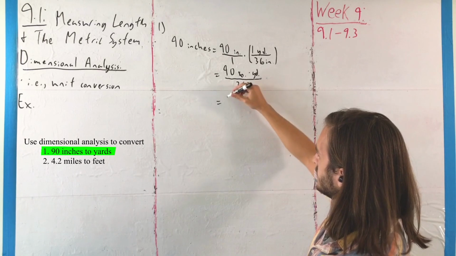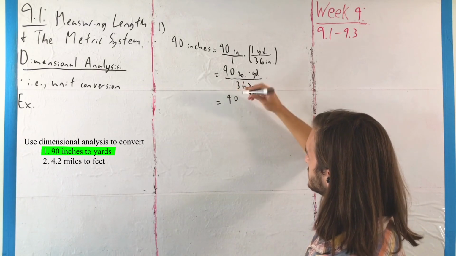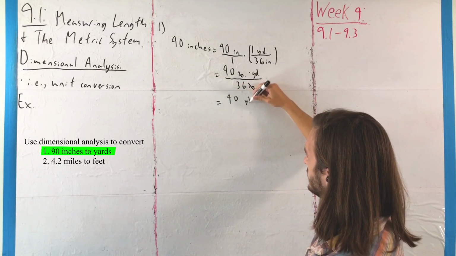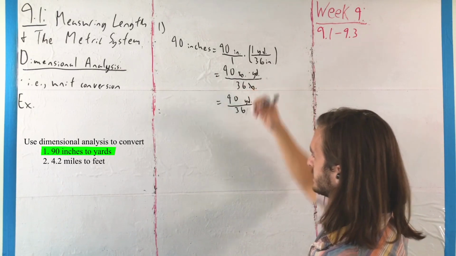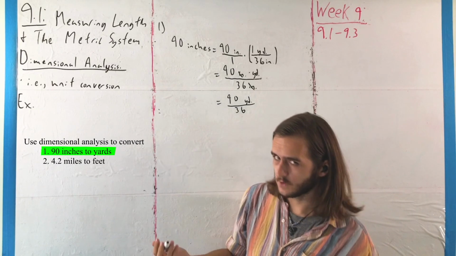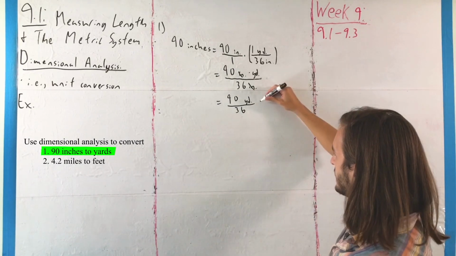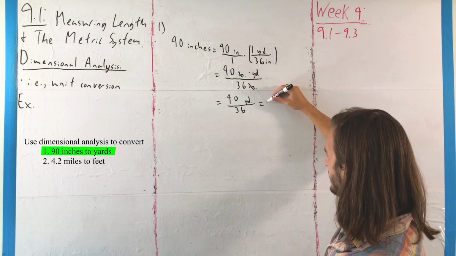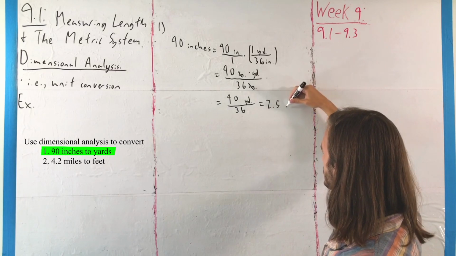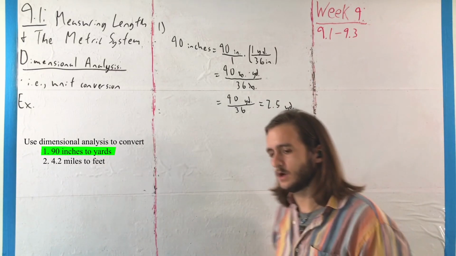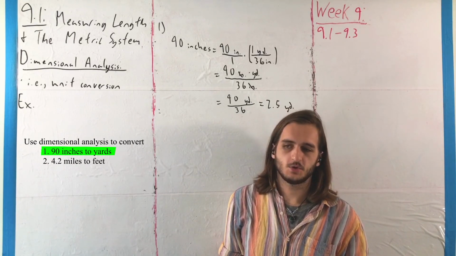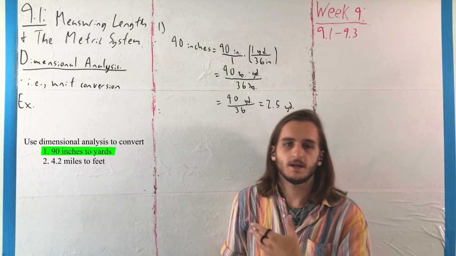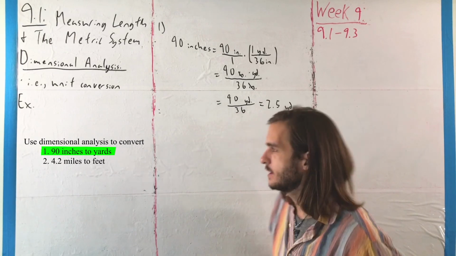And what we'd be left with here is 90 yards over 36, or 90 over 36 yards if you prefer, which we can simplify down to get that value there is 2.5 yards. That 90 over 36 would be 2 with a remainder of 18. 18 over 36 is 1/2.